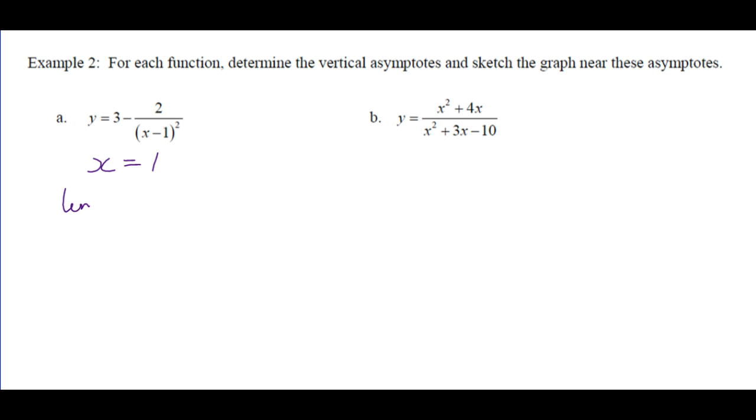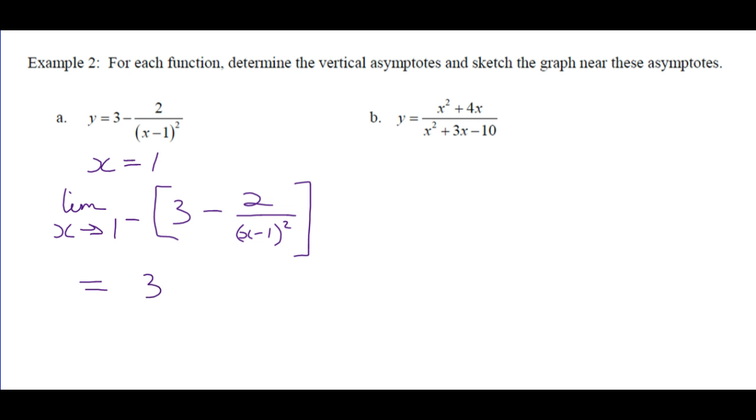Okay, so let's do the limit as x approaches 1 from below of 3 minus 2 over (x minus 1) squared. Okay, so that's going to be equal to 3 minus 2 over... If you're approaching 1 from below, then x minus 1 is going to be a negative number, but it's going to get squared, so it's just going to be a small positive number.